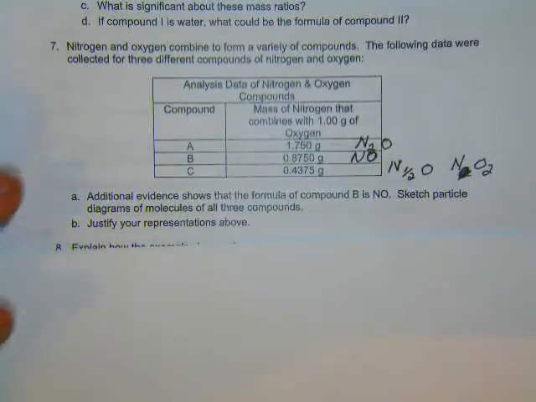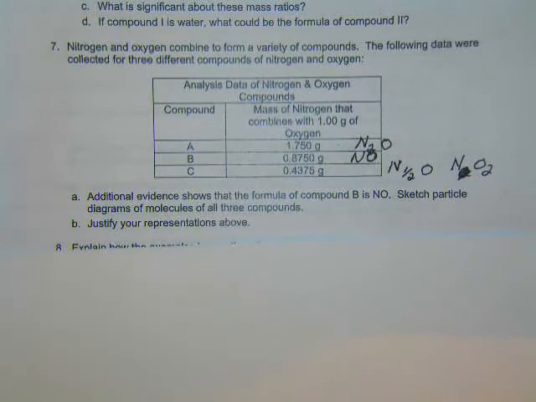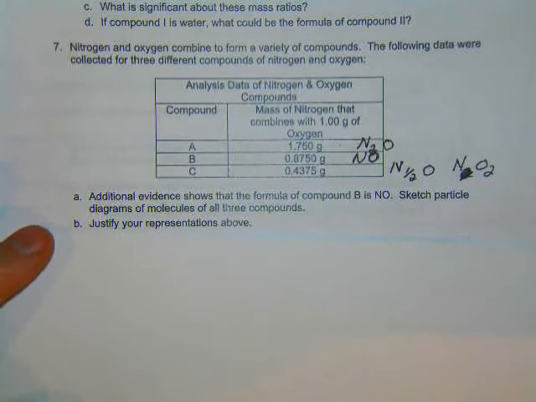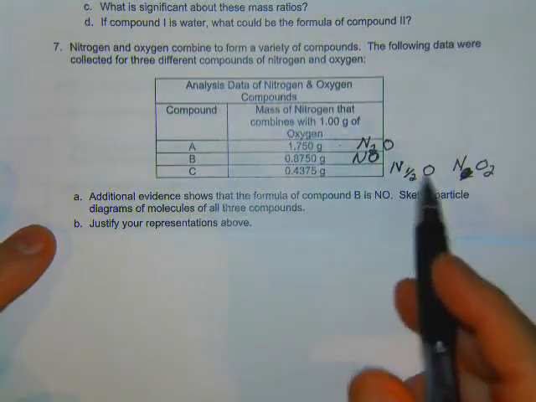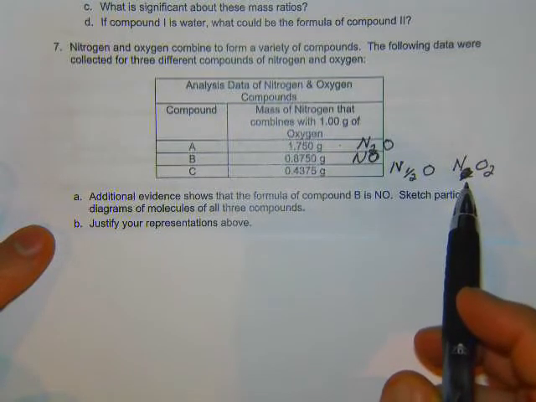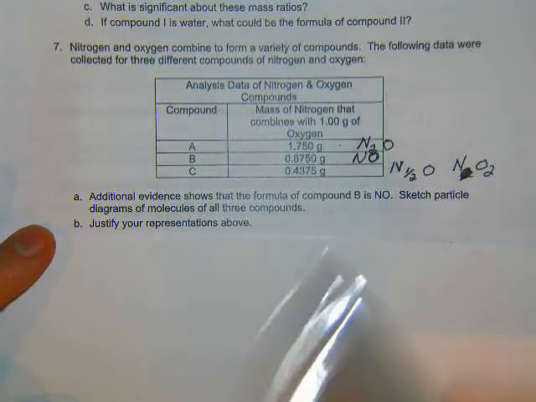They wanted some diagrams. So in A, we're saying it's N2O, and then B is NO, and then in C we've got 2 oxygens. So we can go ahead and sketch this out.